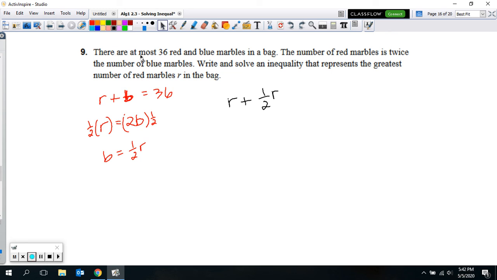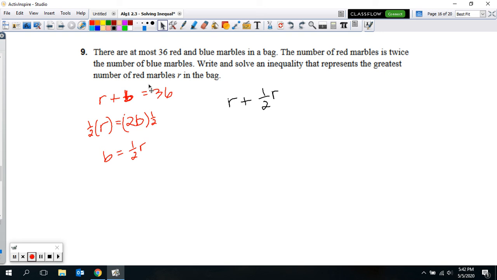There are at most 36. So this equal sign shouldn't be an equal sign. That means the most it could be is 36. So it can't be more than 36. But it could be less than 36. So this side could be less than 36, but it can't be more than 36.